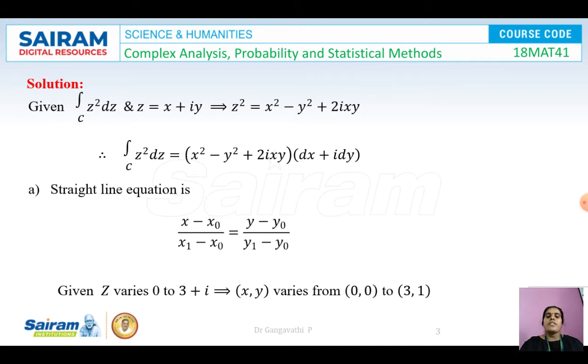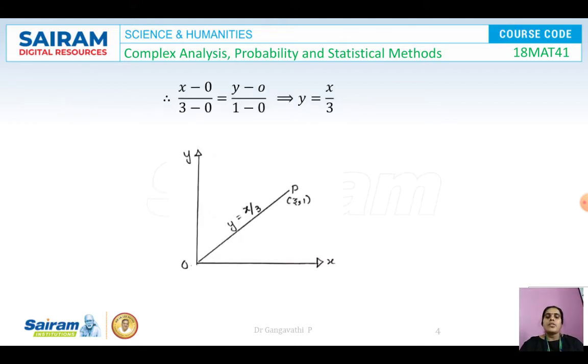The equation of a straight line is (x minus x naught) by (x1 minus x naught) equal to (y minus y naught) by (y1 minus y naught). There are 2 points given to us, and the line joining these 2 points needs to be evaluated using this equation. Let us substitute the values of x0, y0 and x1, y1, and on substituting we get the equation of the straight line joining the points (0, 0) and (3, 1) as y is equal to x by 3.